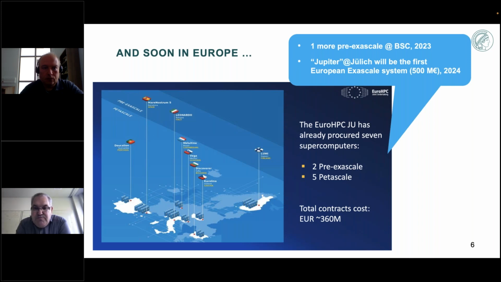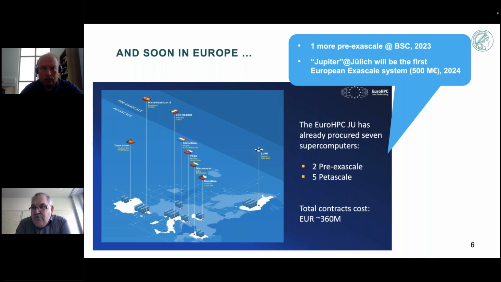There is one more pre-exascale system currently being deployed in Spain at BSC, and hopefully next year we will see the first European exascale system in Jülich, which will be named Jupiter, and I think the procurement of that system is ongoing as we speak.